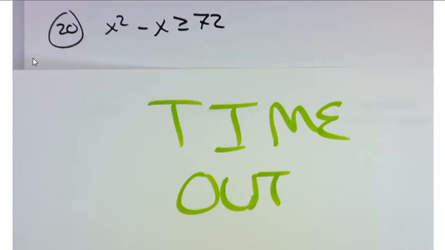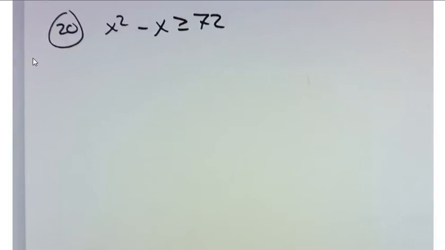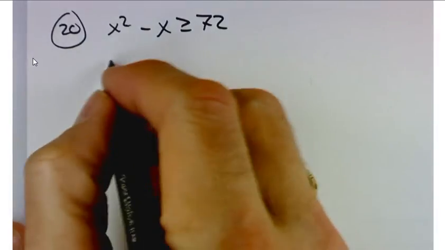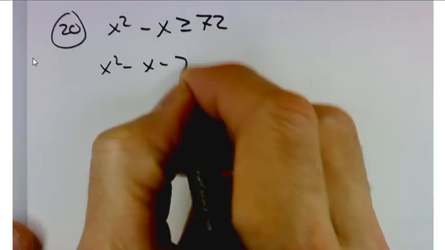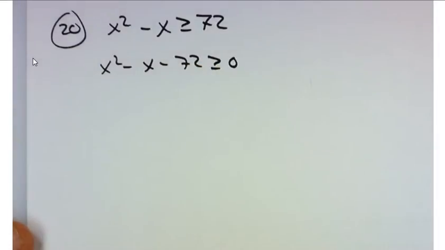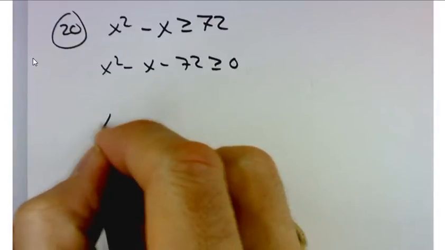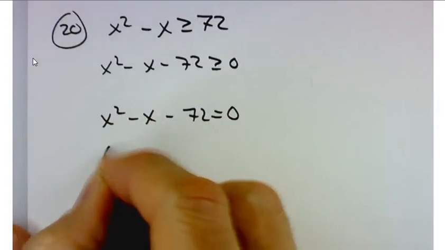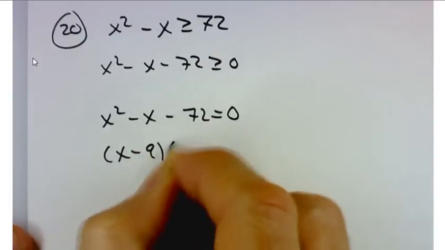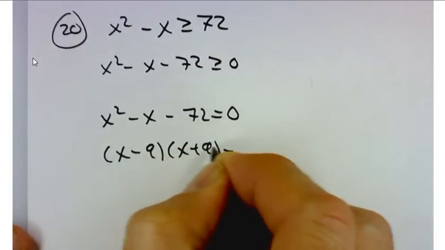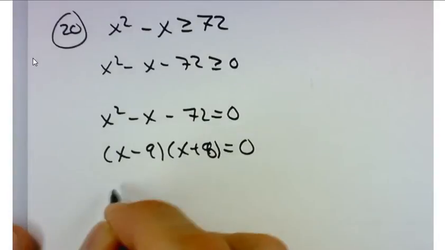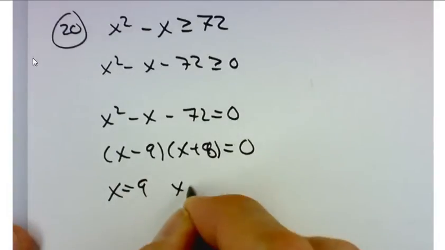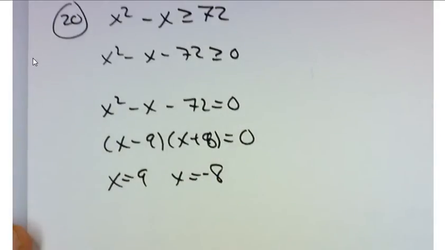Okay, let's take a look at this one together. First thing you're going to do is get 0 on one side, so that means moving the 72 to the left-hand side. We're going to factor and solve x squared minus x minus 72 equals 0, which is x minus 9 times x plus 8. I get two solutions, 9 and negative 8.